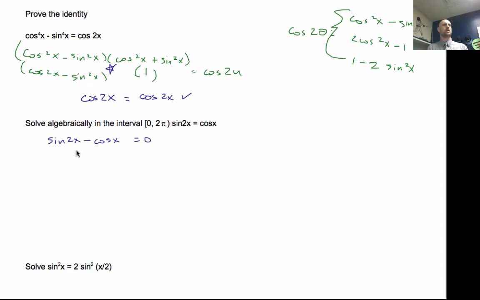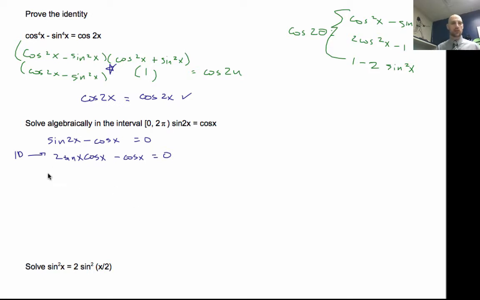If you didn't know what to do, again, take the most complicated piece. So the sine of 2x is 2 sine x cosine x, minus cosine x. So this was an identity right here. This is a double angle identity. And so what do you see now? Now I have 2 terms, so 2 sine x cosine x minus cosine x.